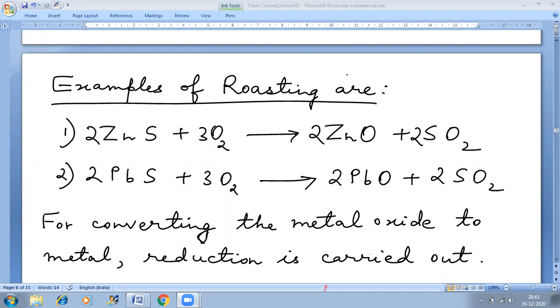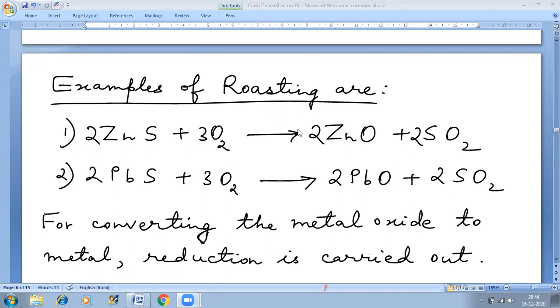Zinc will be obtained if I reduce ZnO. Why am I calling it a reduction process? Because I am removing oxygen from ZnO. Removal of oxygen is also called reduction. So if ZnO is reduced, I will get Zn.